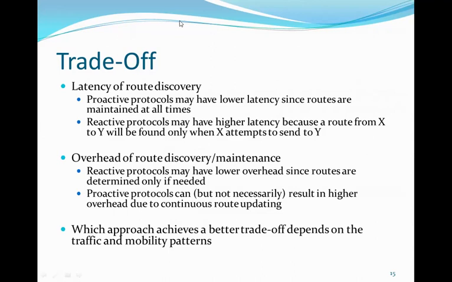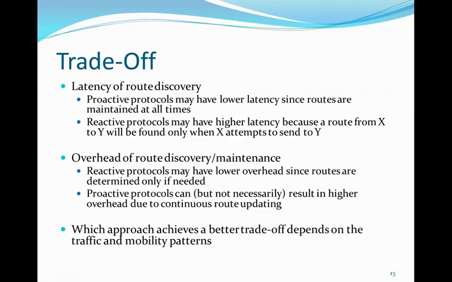While in a reactive protocol, we don't have any routing table. So it also depends on the position of the destination node. If it is closer to the source node, then we will definitely discover it as soon as possible. If it is at a long distance from the source node, then it will take more time.